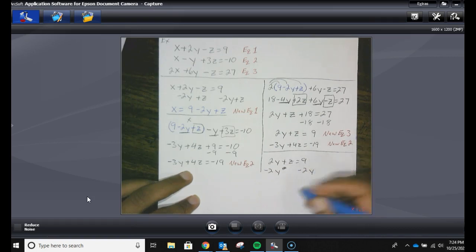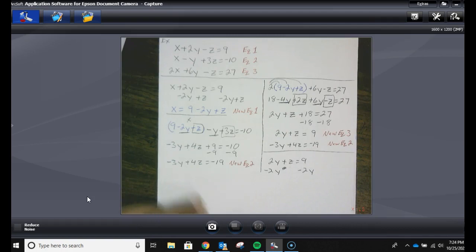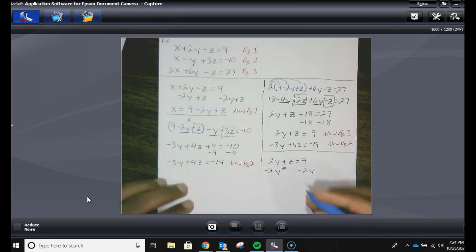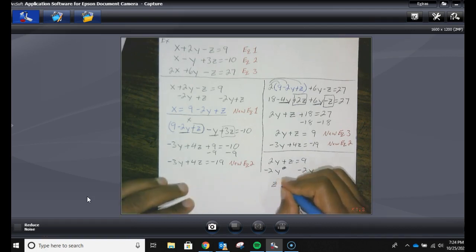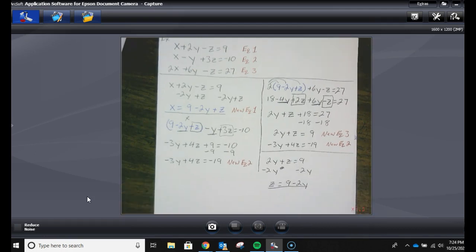Since these are not like terms, you end up with z equals 9 minus 2y.